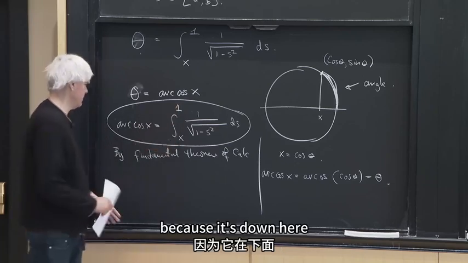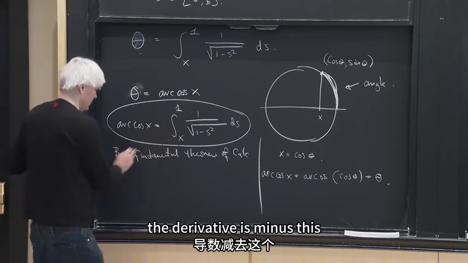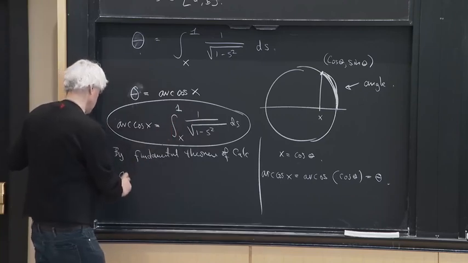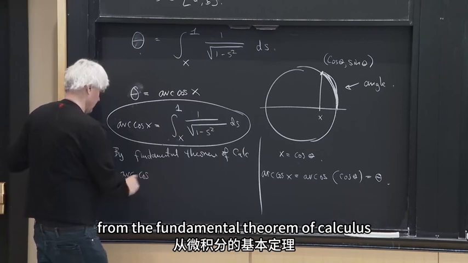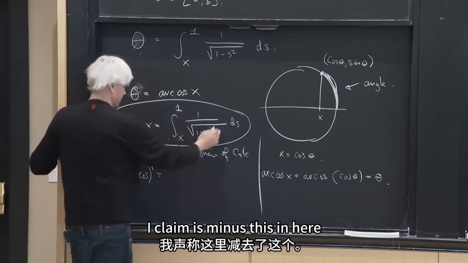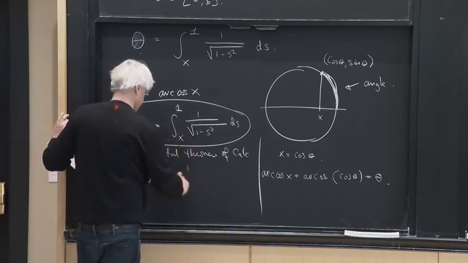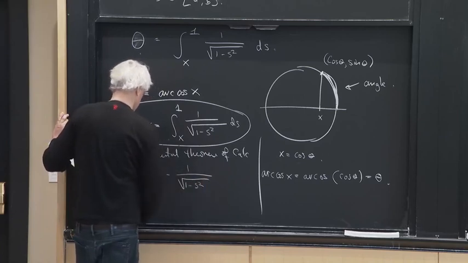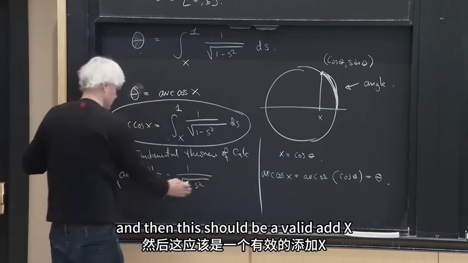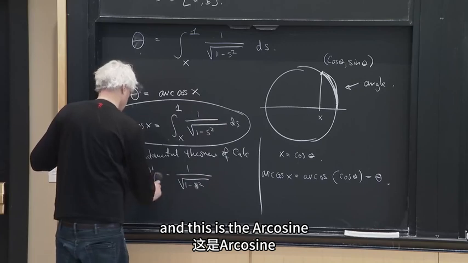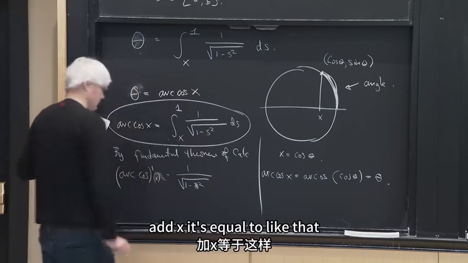Because it's down here, the derivative is minus this. Let me explain that. From the fundamental theorem of calculus, the derivative of this function, I claim, is minus this thing here, evaluated at x. This is the arc cosine at x.